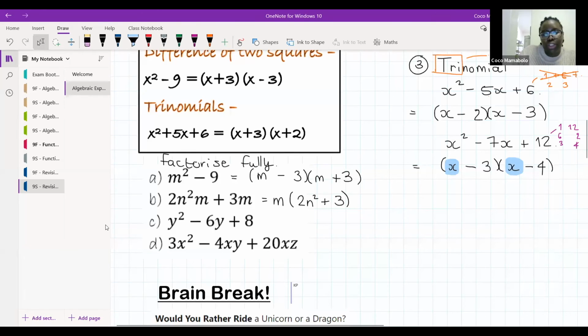Okay, Gabby, do you want to do C with me? Yes, ma'am, I would like to do C with you. Absolutely. All right, what kind of factorization are we looking at? We are looking at a trinomial. Good. So how are we going to factorize?